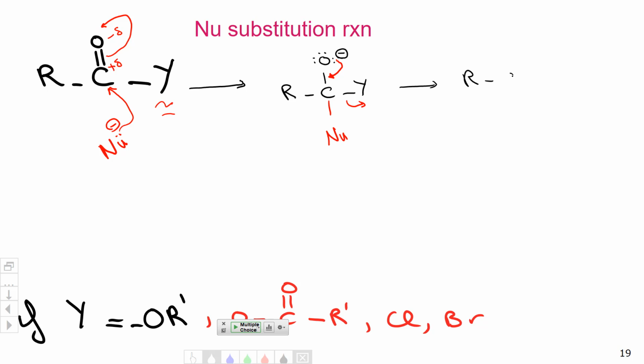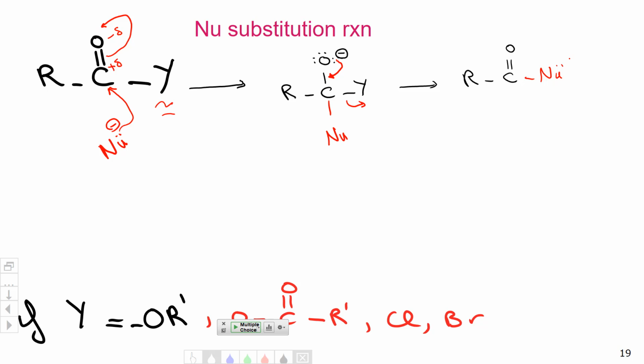So in other words, if you look at the starting material and end material, all we've done through this is replace the Y with the nucleophile. This is why it's called substitution. And knowing the mechanism is going to help you a lot in the upcoming reactions, because all I'm going to do in all the other reactions is add a nucleophile.